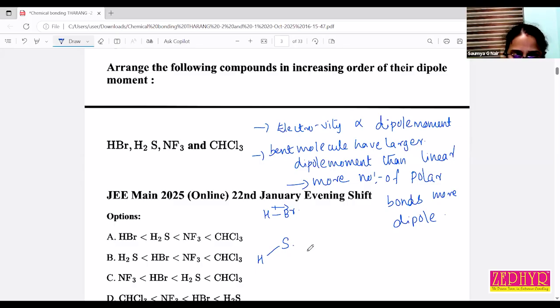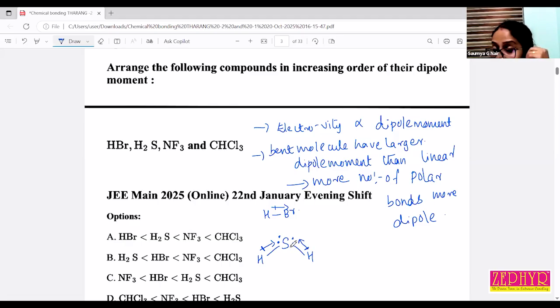It is a bent molecule, 2 bond pairs and 2 lone pairs, with 6 in the outer shell. Sulfur is more electronegative than hydrogen, so the direction is towards sulfur.